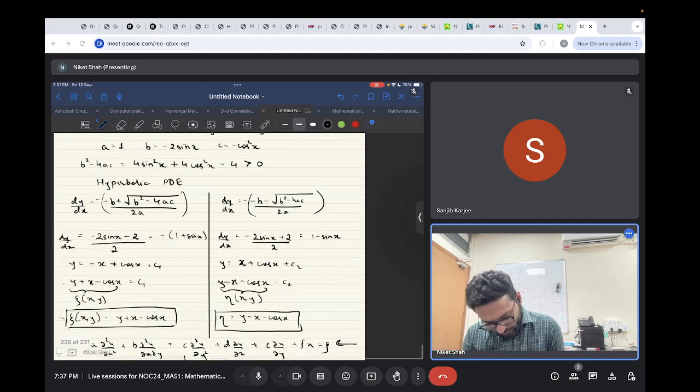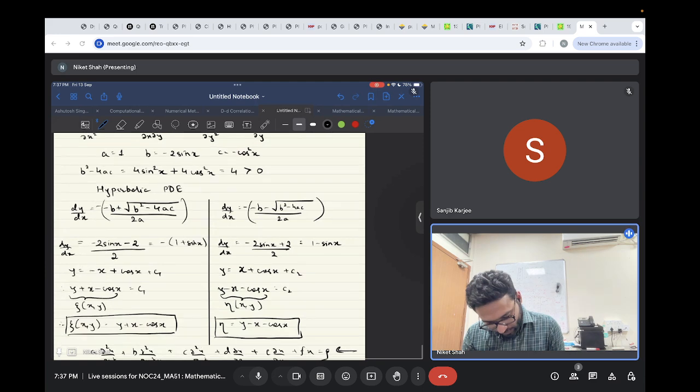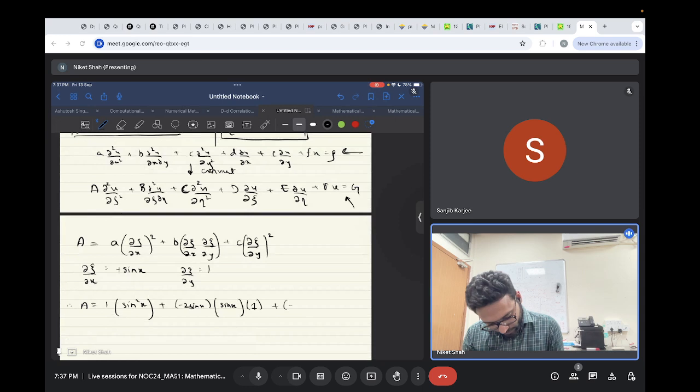What is c? c is minus cos square x. That gives me minus 1, capital A.